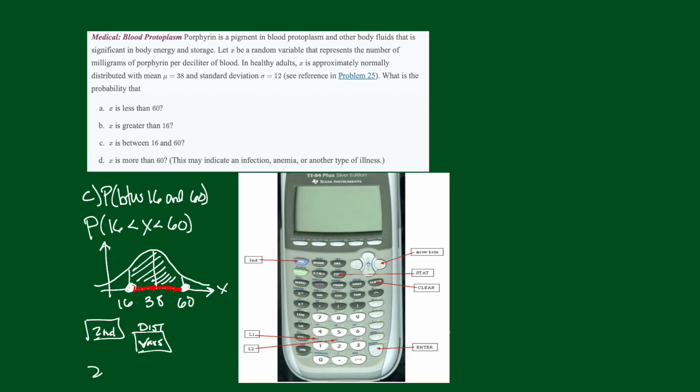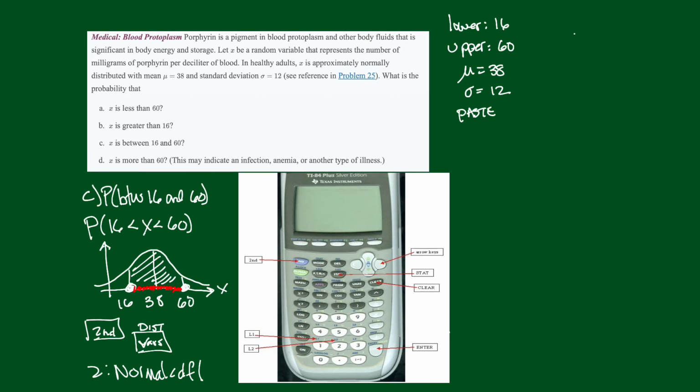And then you're going to go get number 2, which is normal CDF. And then what do you get? You get lower. And what's our lower bound here? 16. What's the upper bound? 60. Mu, 38. Sigma, 12. And then paste.